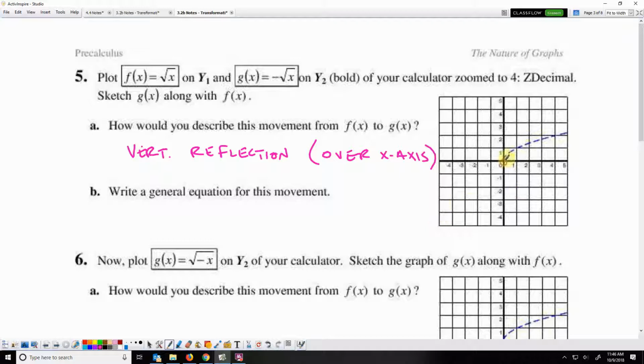So all of these points are going to flip over the x-axis. A general equation for that is g of x equals the opposite of f of x.